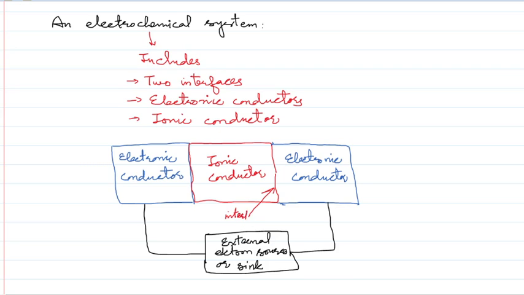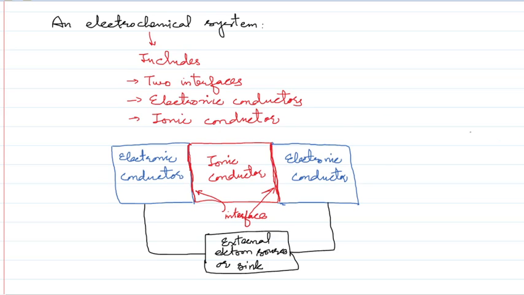So this is also the interface. This is actually only one surface, that means the surface which separates ionic conductor from the electronic conductor.